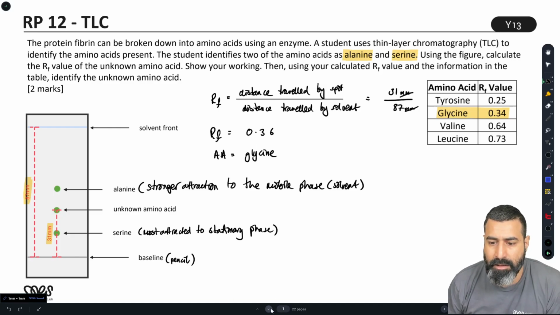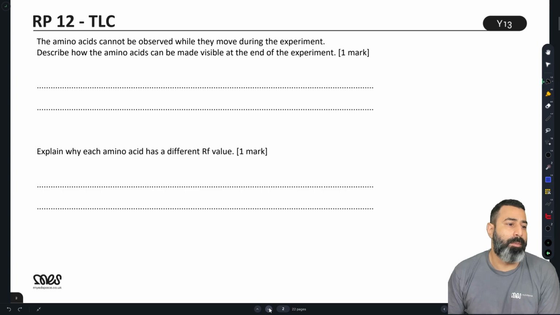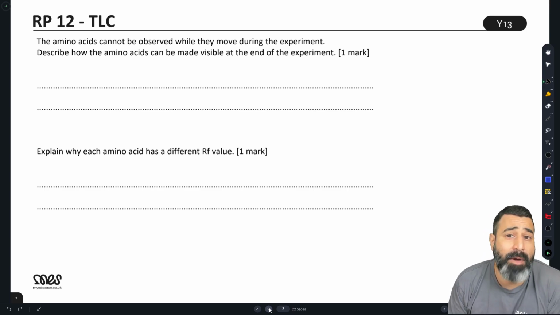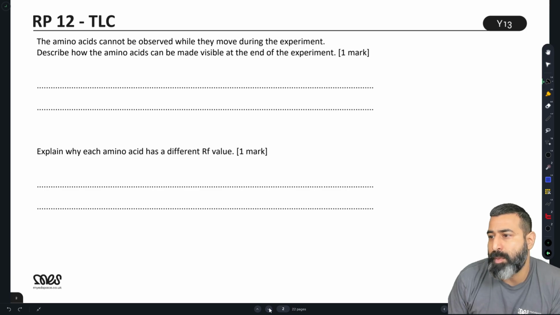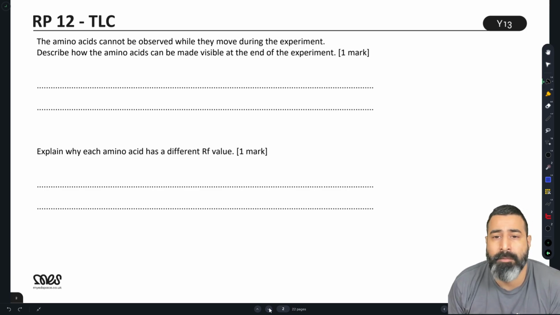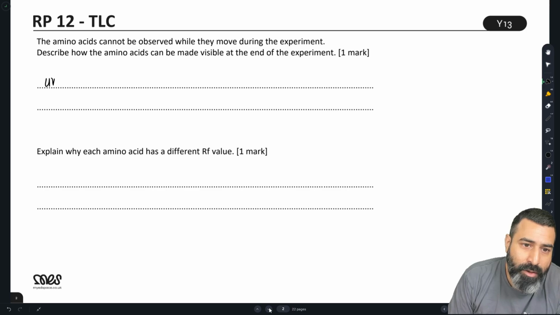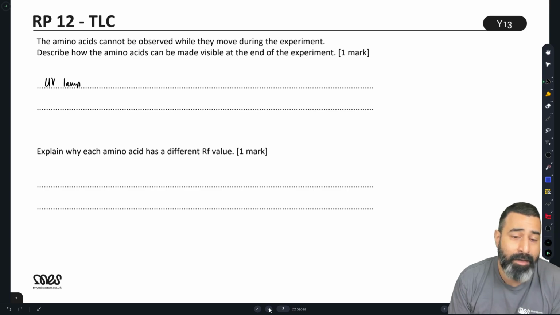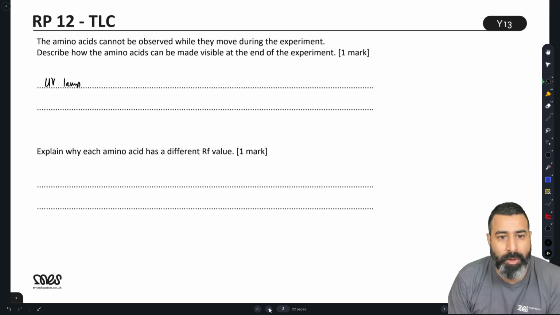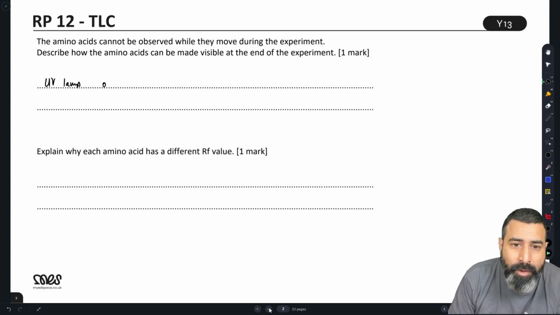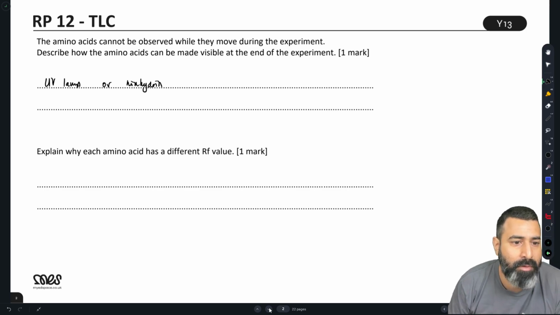Okay, let's continue. A follow-up question is, describe how we can make the spots visible at the end of the experiment, because the spots are actually colorless, so we can't see them. We actually spoke about this, so we could use a UV lamp and then draw a circle around the spots to locate them, or we could use ninhydrin, which will make them go purple.